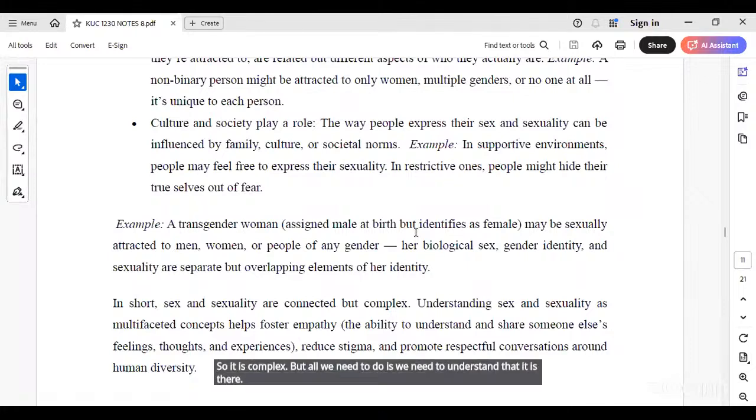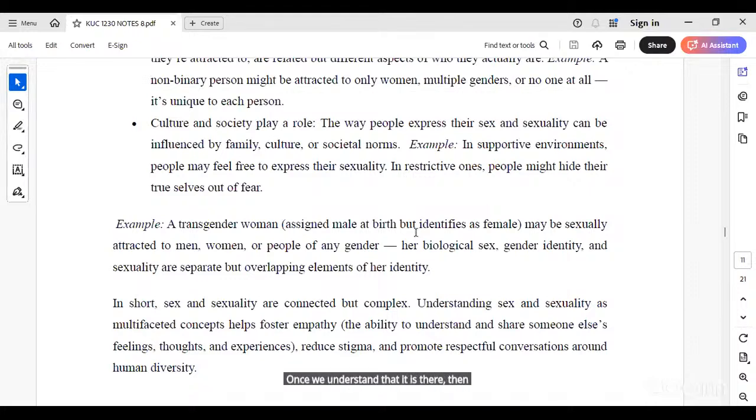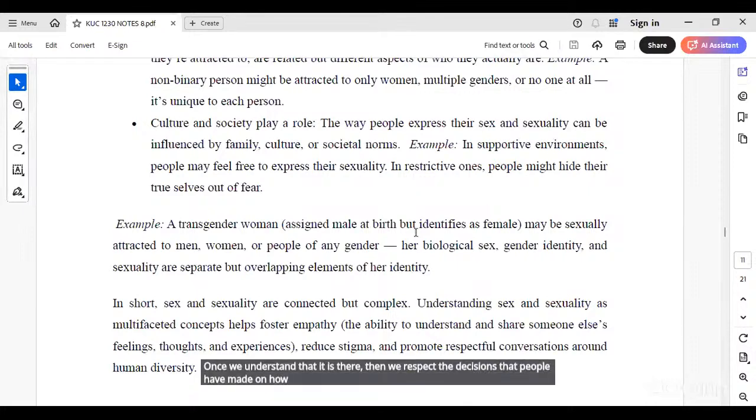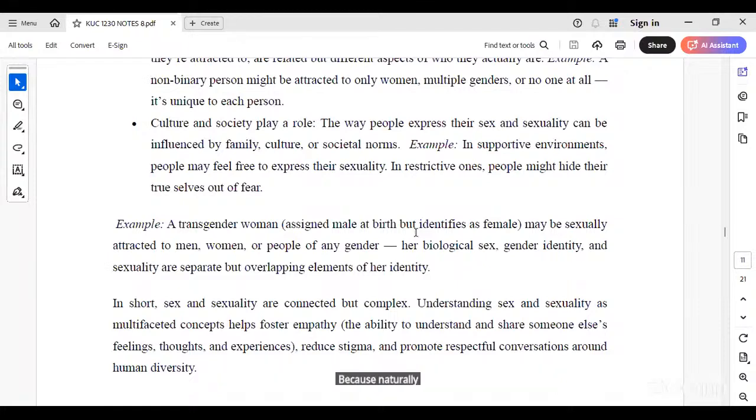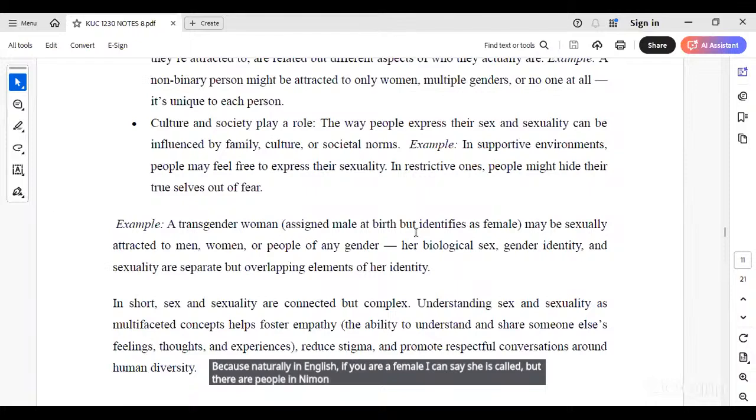Once we understand that it is there, then we respect the decisions that people have made on how they want to be identified, on how they want to be addressed. Because naturally in English, if you are a female, I can say "she", but there are people who are women, but don't want you to call them "she" because she's only female anatomically, but her identity is male.